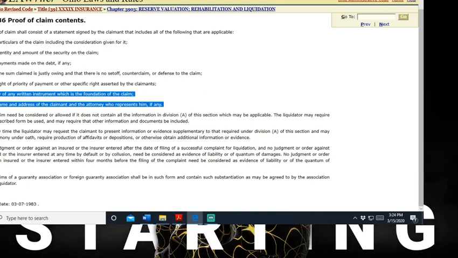So let's go back. So proof of claim shall consist of a statement signed by the claimant that includes all of the following that are applicable.